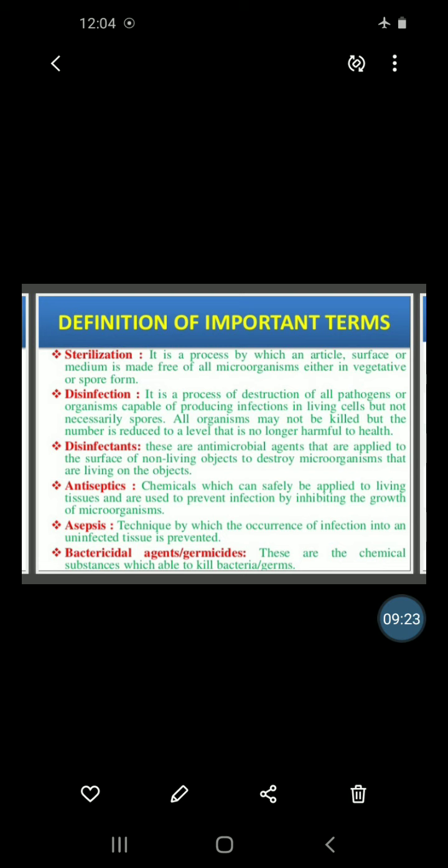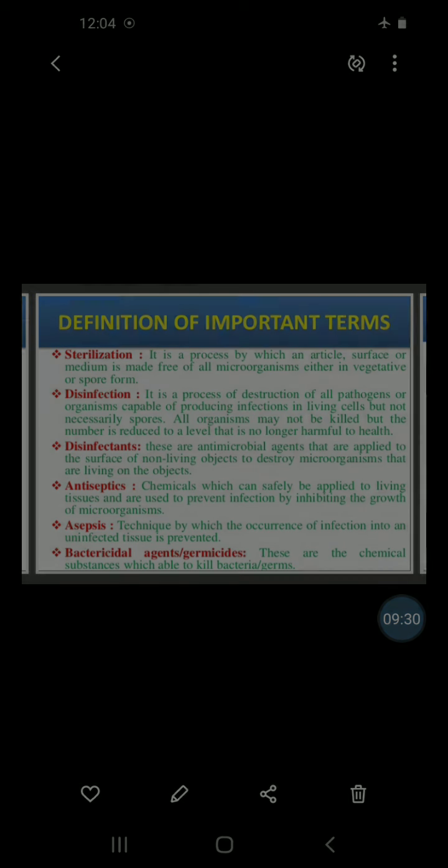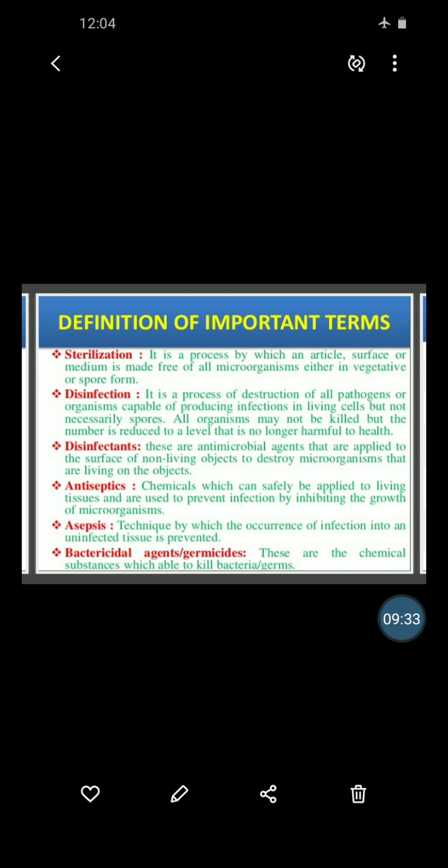The temperature of heat and the duration of heat are the factors that affect the extent of sterilization.